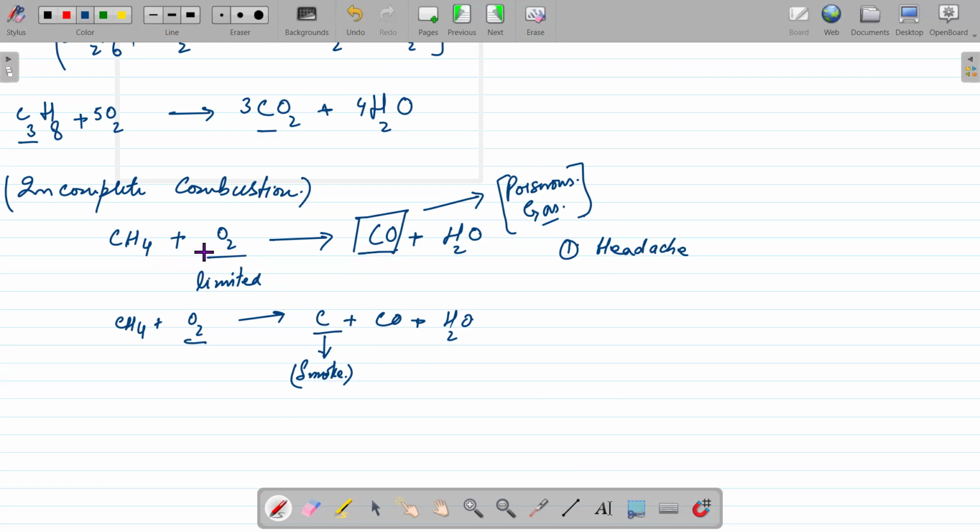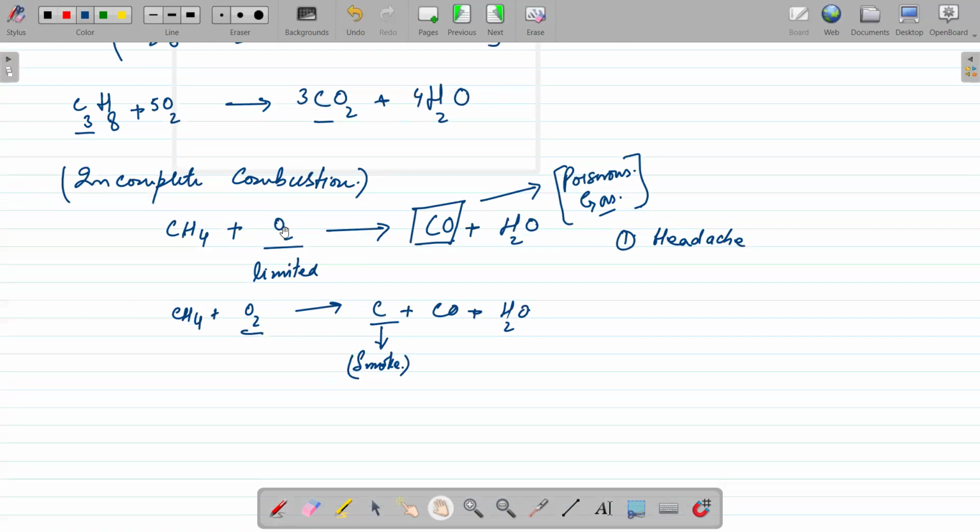So that's why whenever we are performing any combustion reaction in our kitchens or in our rooms, like when we are using gas heaters, there should be a continuous supply of fresh oxygen or air.